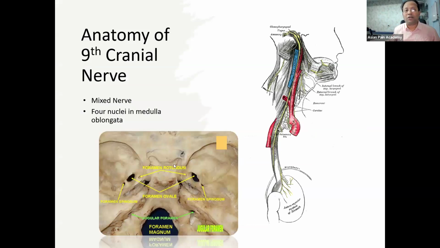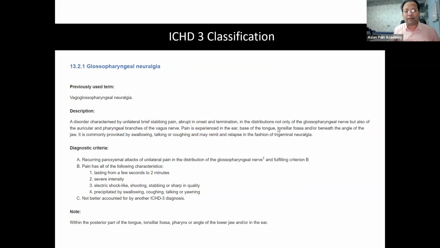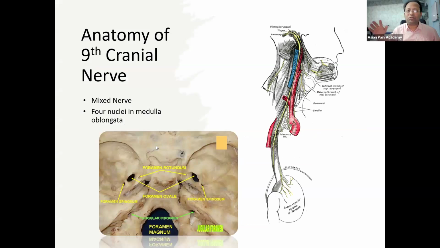Now, to understand the different types, you see here it is written that the pain goes to the base of the tongue, tonsillar fossa, and beneath the angle of the jaw. So if you want to understand the distribution, you have to understand the anatomy of the ninth cranial nerve, the glossopharyngeal nerve.